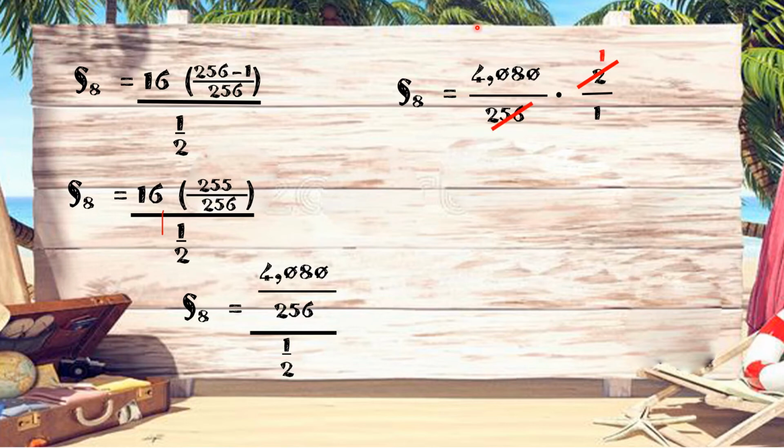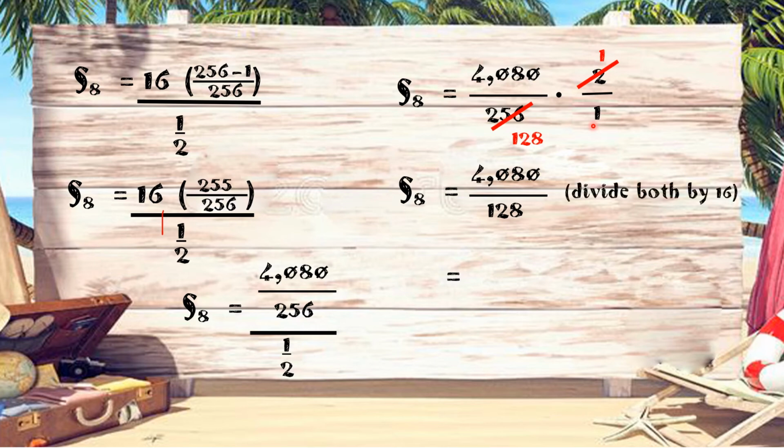So, 2 divided by 2 is 1. 256 divided by 2 is 128. And then we have S sub 8 is equal to, multiply lang natin yung taas sa taas. So, 4,080 times 1 is 4,080 all over 128 times 1 is 128.